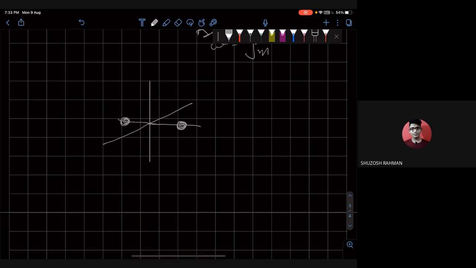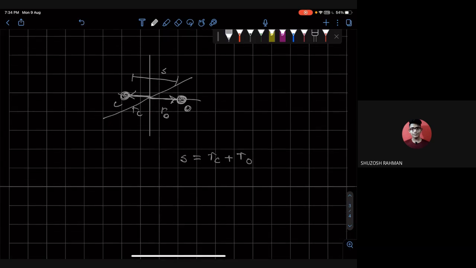So this is r_O, this is the oxygen, this is r_C, and this is carbon, and this distance is S. So S is r_C plus r_O.